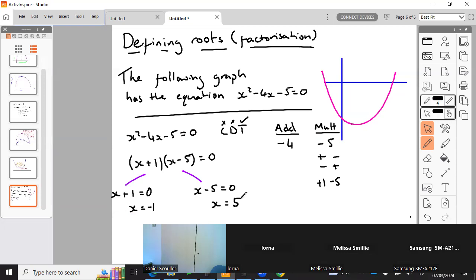So my roots of this graph are where it crosses -1 and where it crosses +5. That's where it crosses the x-axis.